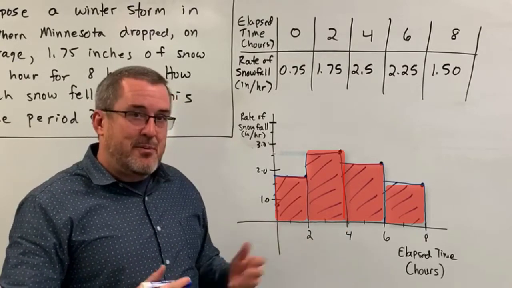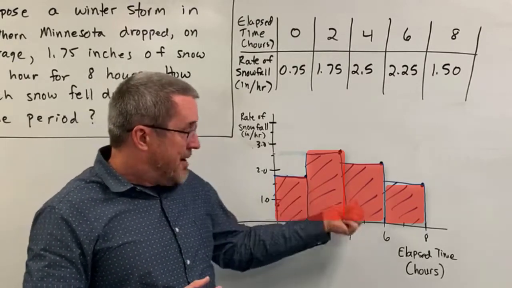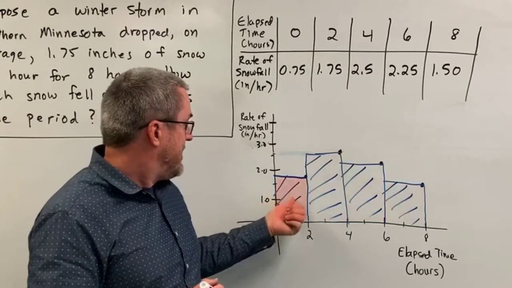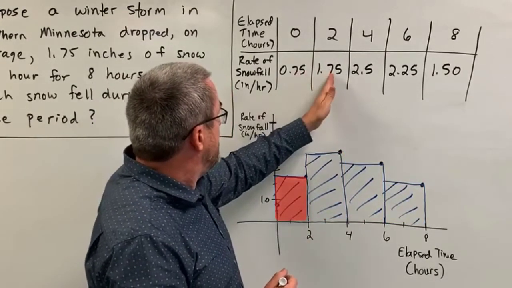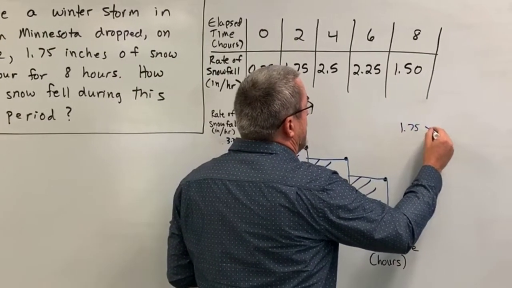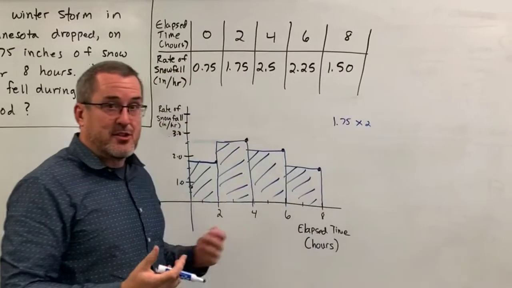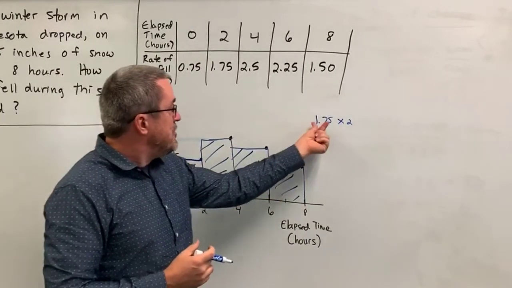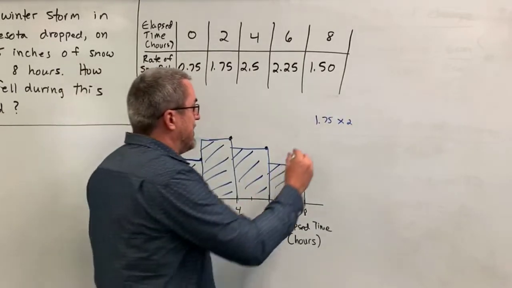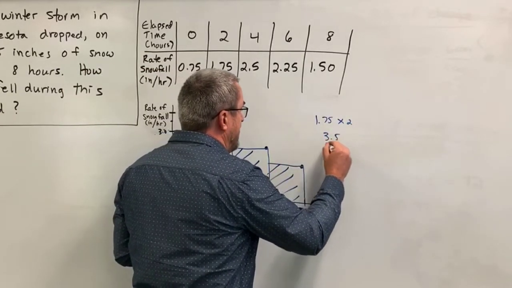Let's one by one estimate how much snow has fallen in each of those 2 hours. In the first case, we used the right-hand rate of 1.75 inches per hour for 2 hours. We multiply to get the total snowfall. In units, inches per hour for 2 hours gives us the total amount of snowfall, in this case 3.5 inches.